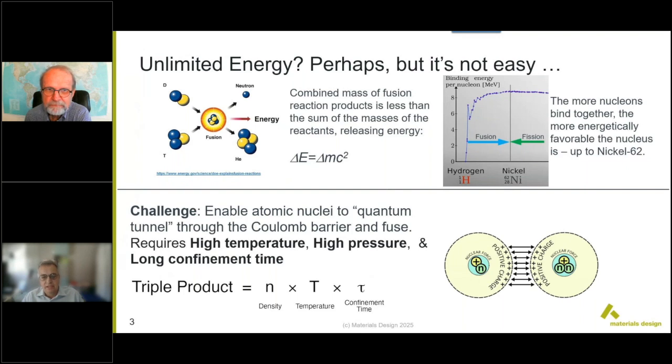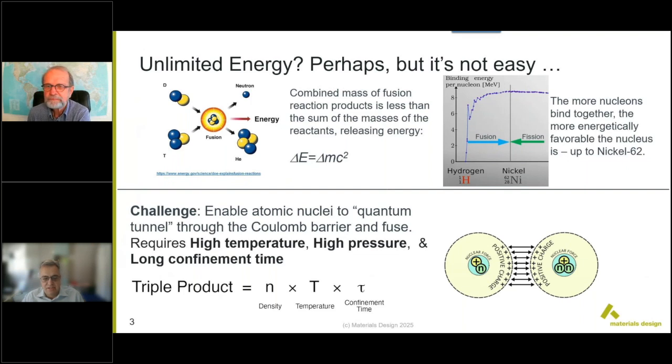The energy released corresponds to the mass difference between the reactants and the products in this nuclear reaction. In principle, you can have fusion reactions for many of the lighter nuclei in the periodic table, up to about nickel. In theory, if you combine nuclei, you can gain energy released from the nuclear force.